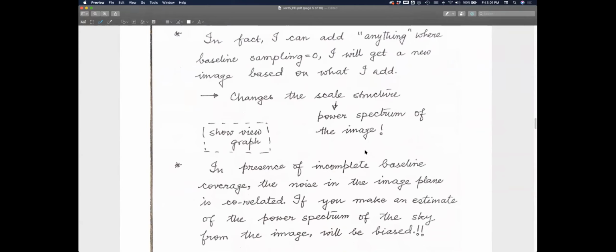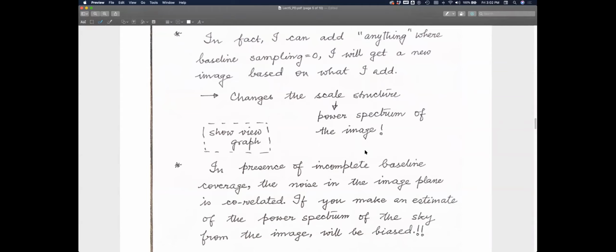So that means if I now use this image to find out the structures in the image at different scales, which essentially is the power spectrum of the image, and remember that it is the power spectrum that we wanted to measure, that power spectrum will not give you the true power spectrum, because by doing these interpolations, I have actually changed the scale dependent properties in my sky.